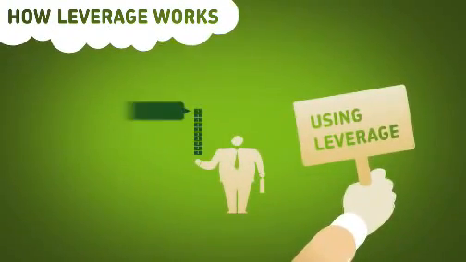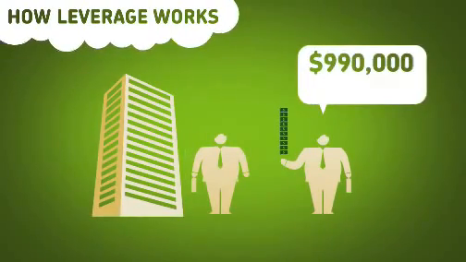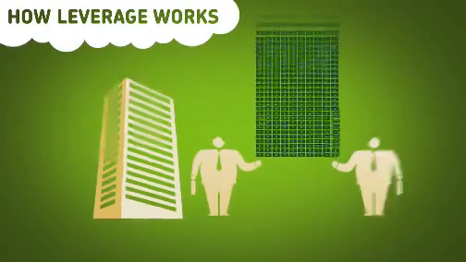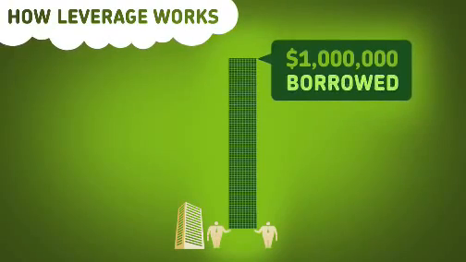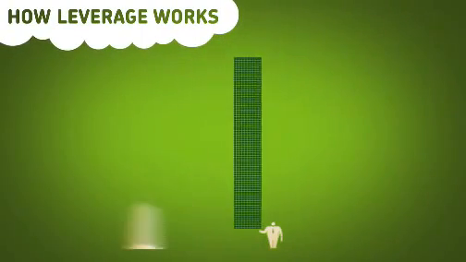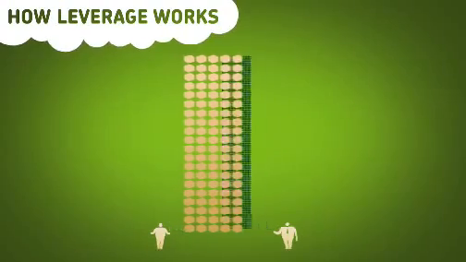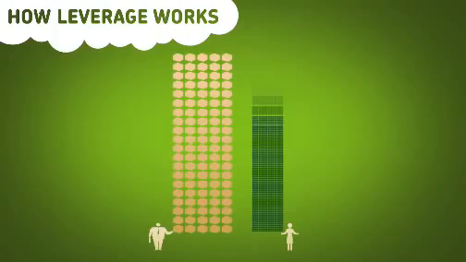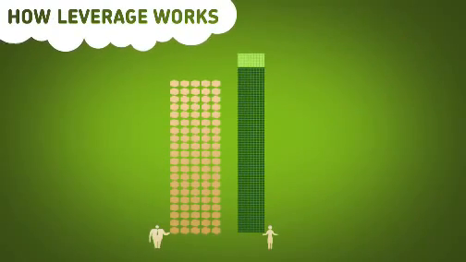But using leverage, someone with $10,000 would go borrow $990,000 more, giving him $1 million in hand. Then he goes and buys 100 boxes with his $1 million and sells them to someone else for $1,100,000.